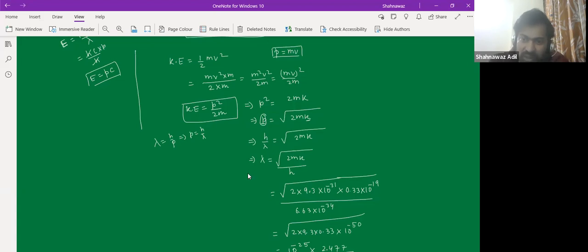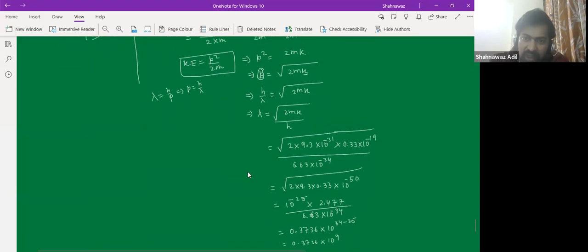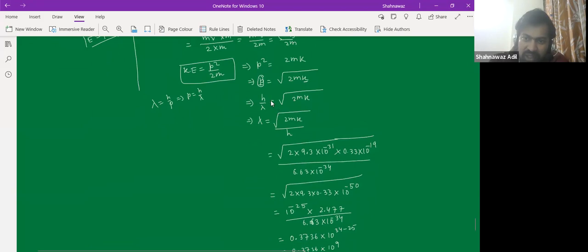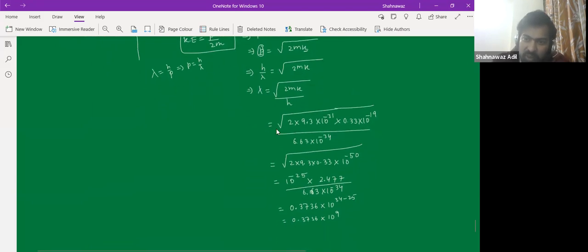Yes, this is the problem. Did you see this? This is 1 by lambda. So lambda would be h by p, the reciprocal of this.